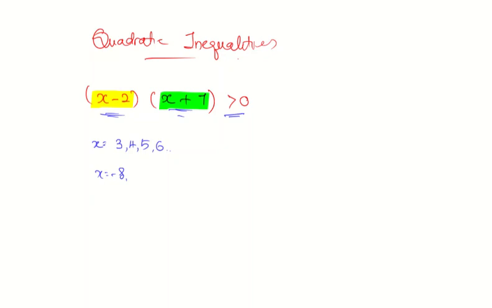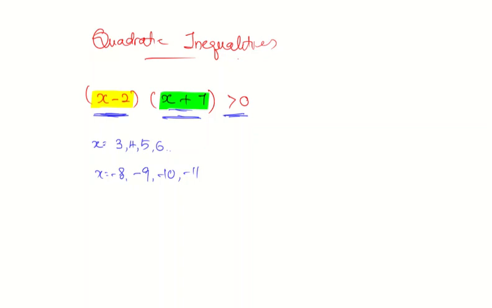Okay, you want to have both negative or both positive, so that this yellow times green, you get positive value. It can be negative 9 or negative 10, negative 11, both negative, both yellow and green are negative.